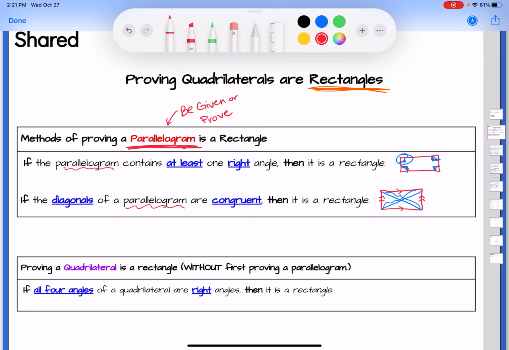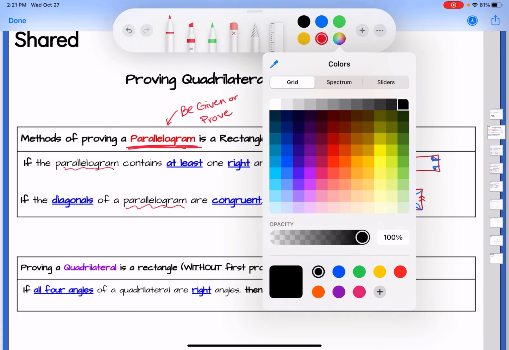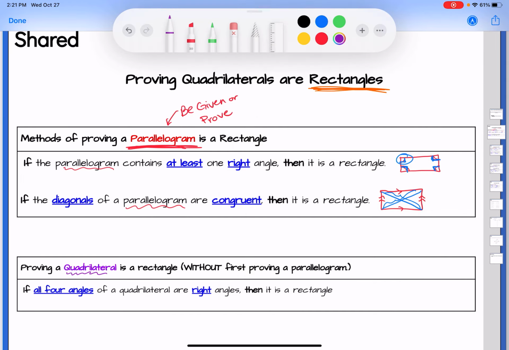Now, if I don't know that I have a parallelogram at all, what if I just know that I have a four-sided figure, any old quadrilateral? What is the defining factor of a rectangle? Well, that is that all four angles are right angles, right? So if I have any quadrilateral at all, and I can prove that I have four right angles, the only shape it could be is a rectangle.